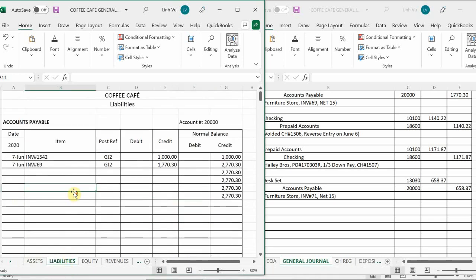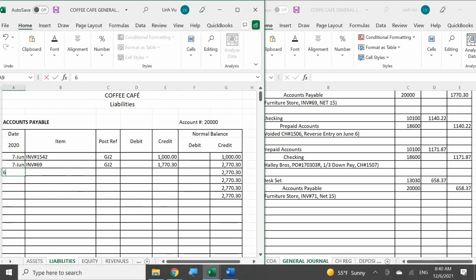Since we used our accounts payable and created a liability, we need to put this in my accounts payable for the 7th. Okay. Invoice number 71, general journal number 2.